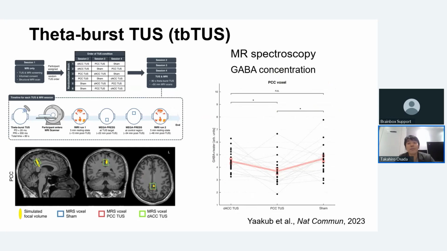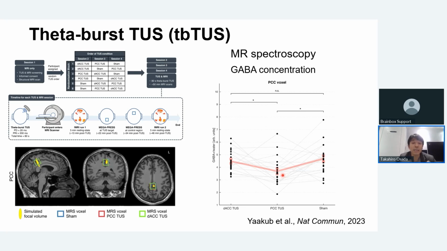The effect of TBTUS was supported by MRI spectroscopy in a study by Transcranial Lab at Plymouth, UK. Theta burst TUS was applied to the posterior cingulate, PCC. Reduction of GABA concentration was observed after TBTUS application.